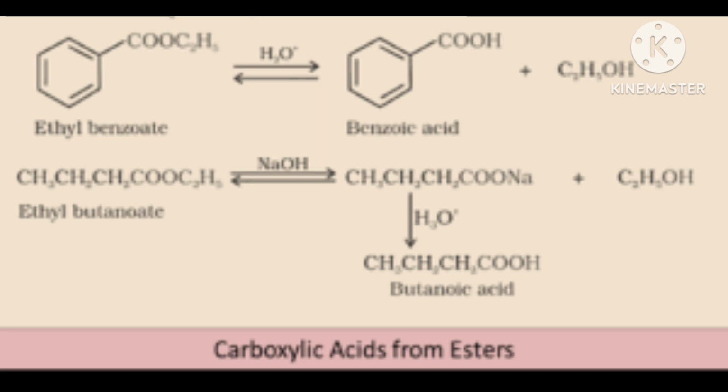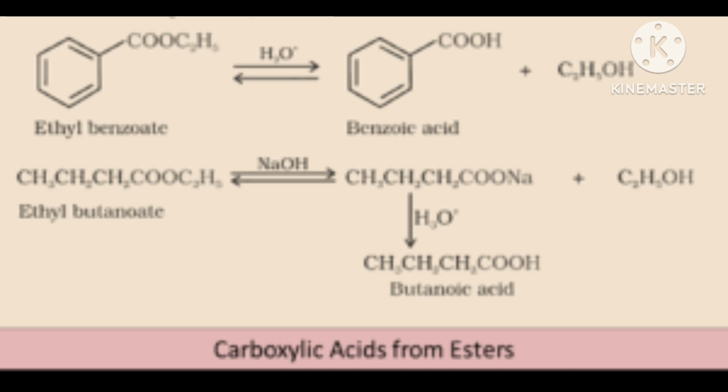Then after that what you have to do? Only acid hydrolysis. In the place of K, H will go. Hydrolysis means K is positively charged, and it can be replaced with H. COOK was there, now you will get COOH.